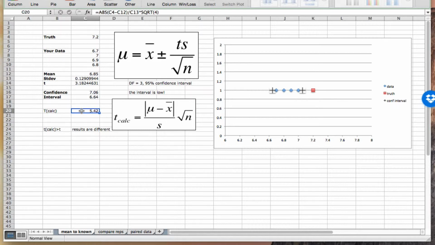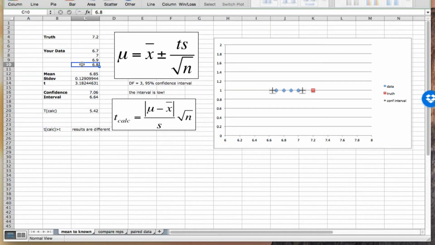In this case, I'm going to take the absolute value of C4 minus C12, that's the population mean minus the sample mean, divided by the standard deviation over the square root of, in this case, 4. And then you do a comparison. If t calc is greater than t, the results are different. And sure enough, t calc is 5.42 and t is 3.18, so they are different.